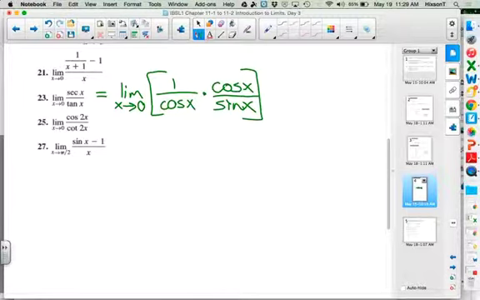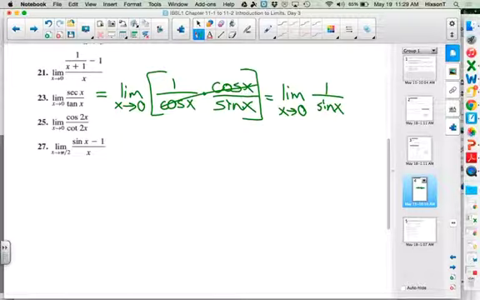Now our cosines cancel out, and we want the limit as x approaches 0 of 1 over sine of x.